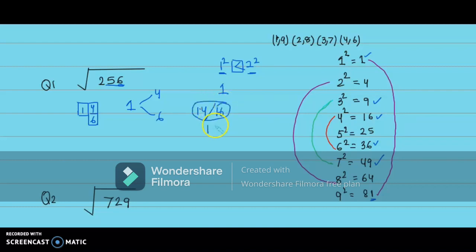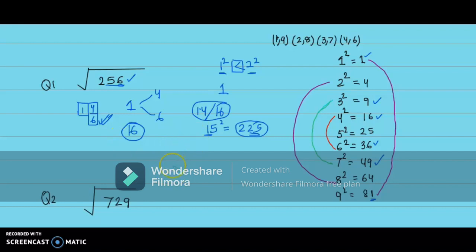So try to find 15 square, and we have already learned that 15 square is 225: 1 times 2, and 25 at the end, so it is easy to find. This number is greater than 225, so we will select the higher value. That means our answer is 16. So the square root of 256 is 16.